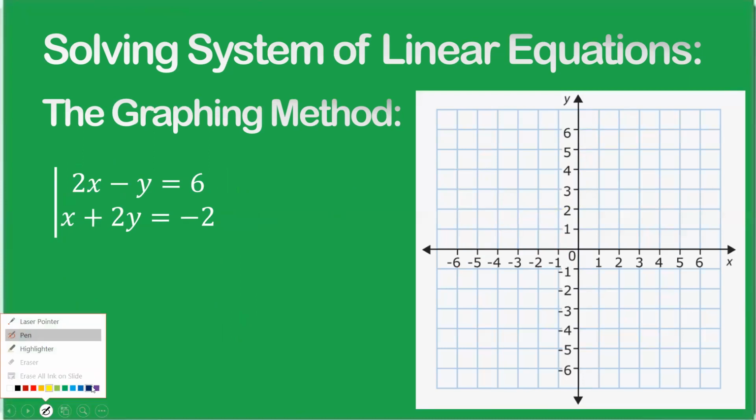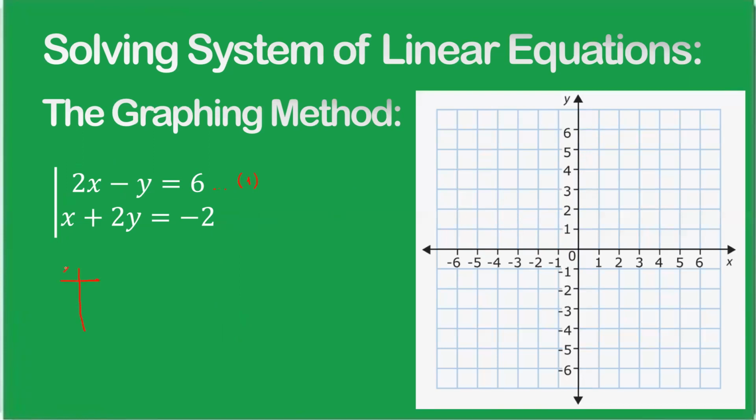Again I'm taking my red color. Now let's write 1, and let's draw the table x, y. This is the first one. If I write 0 instead of x, minus y is 6, then y is minus 6.